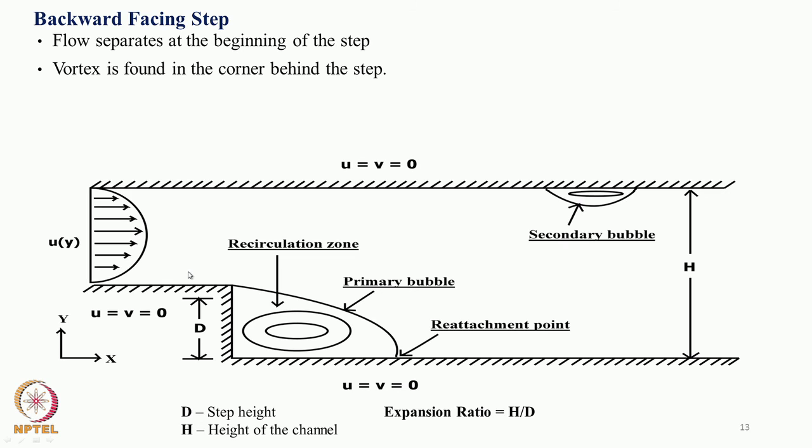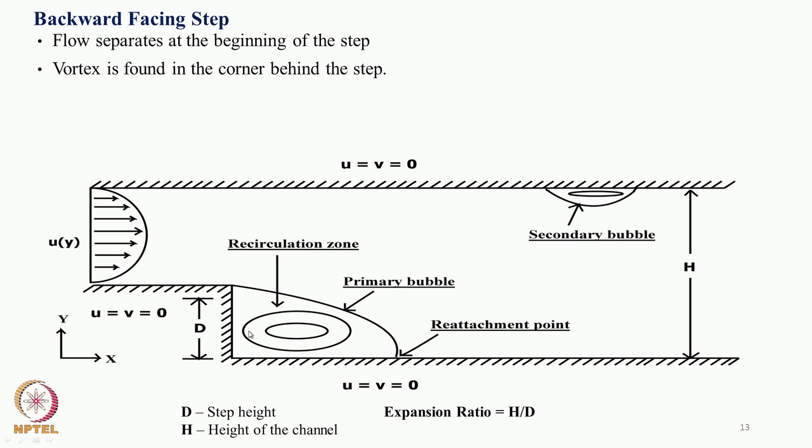Now, as we have explained before, at the tip of the corner, flow separates and then it comes and reattaches on the bottom wall at some distance. Where it attaches depends on the flow condition, Reynolds number and so on.